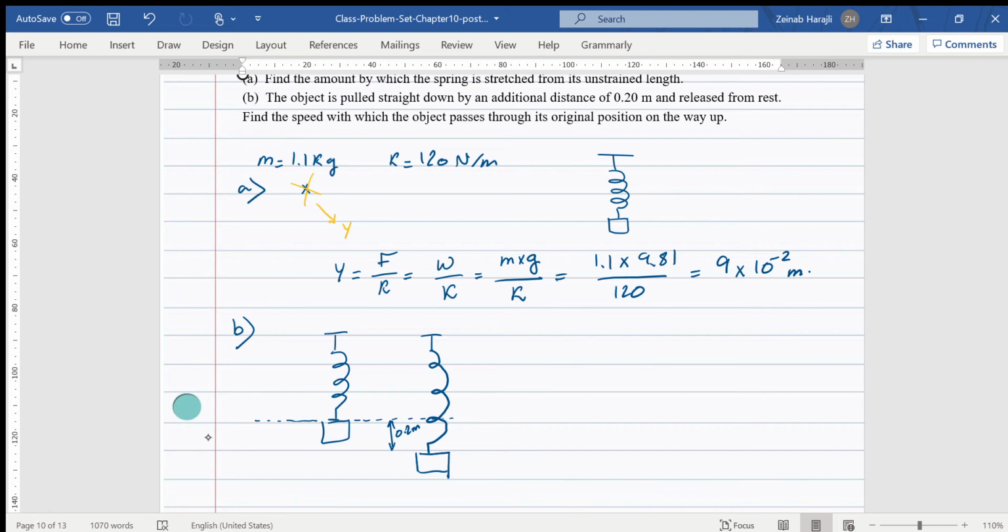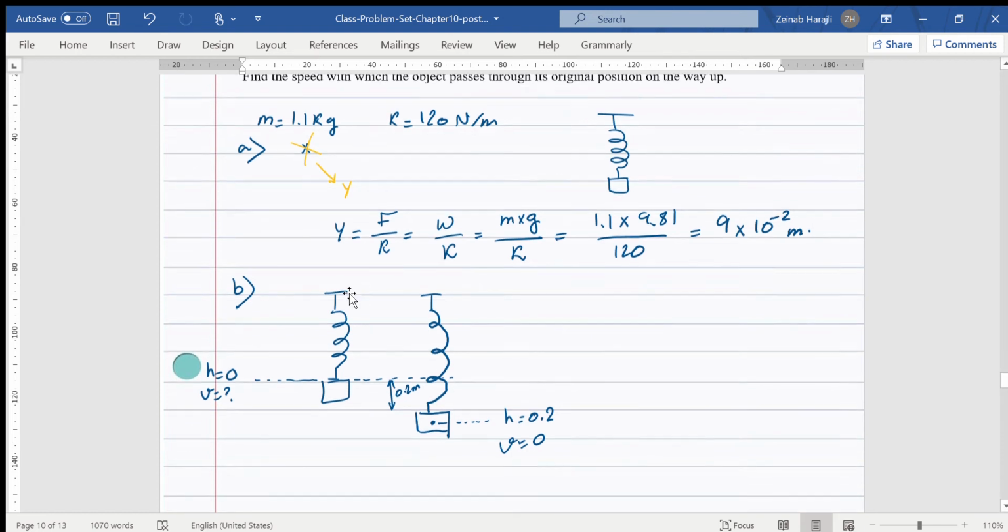Let's name this the position where the height is 0, and this is where we want the speed. We know that at this position the height is 0.2, and we can say that here the speed is going to be 0.